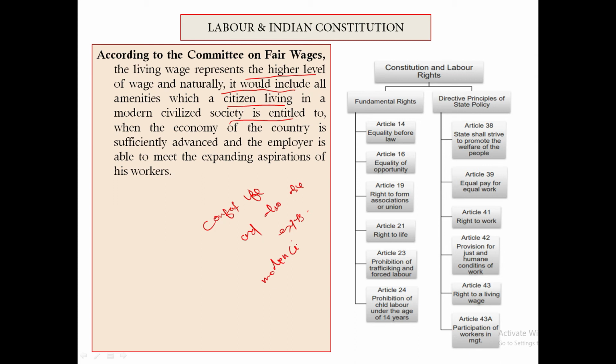So this is what it talks about living wage. And when we say about wage, try to remember there are various types of wage also. There are subsistence wage, minimum wage, fair wages, then you have living wages.